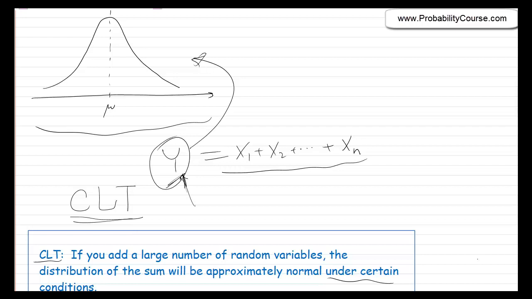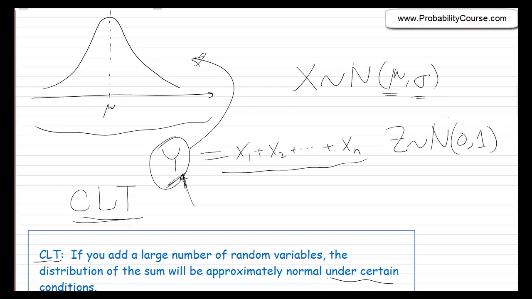Okay, so let's talk about the PDF and CDF of the normal distribution. When we say x is normally distributed, it has two parameters, mu and sigma. As we'll see, mu is its average, sigma is its standard deviation. Now, it is easier to look at a specific case when mu is 0 and sigma is equal to 1.